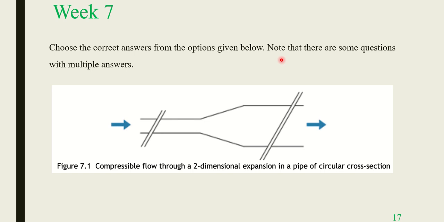In the figure, it is given that compressible flow is through a two-dimensional expansion in a pipe of circular cross section. So we can see that a pipe is there, after which it is expanding, and compressible flow is occurring through this pipe. Now we'll move on to the questions asked in this week's problems.